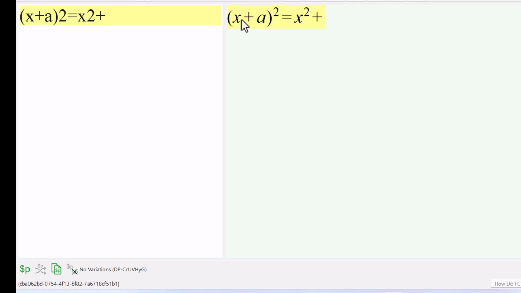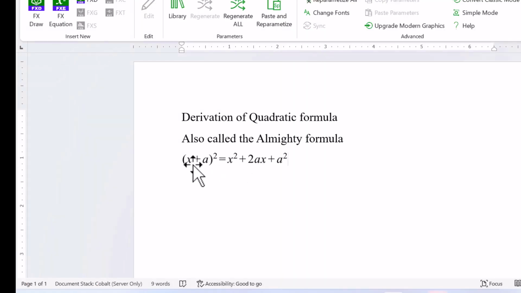So the three terms, you write them together. Then finally, the a will have its own square. So this is how we expand (x + a)^2, which is equal to x squared plus 2ax plus a squared.